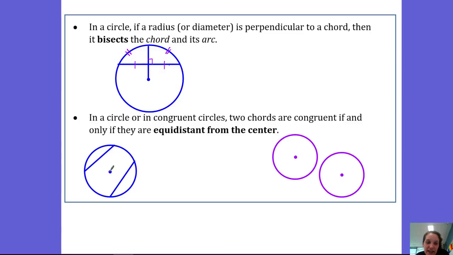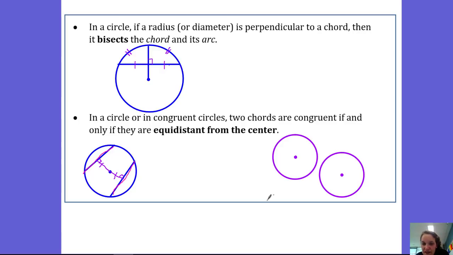So if the perpendicular distance from the center to one chord is the same as the perpendicular distance from the center to the second chord, then that whole chord is congruent to the second chord.